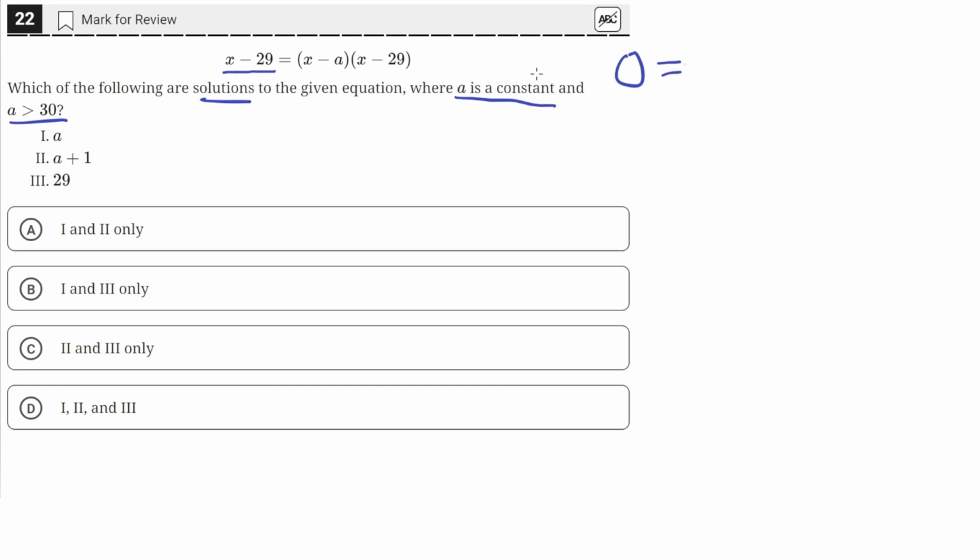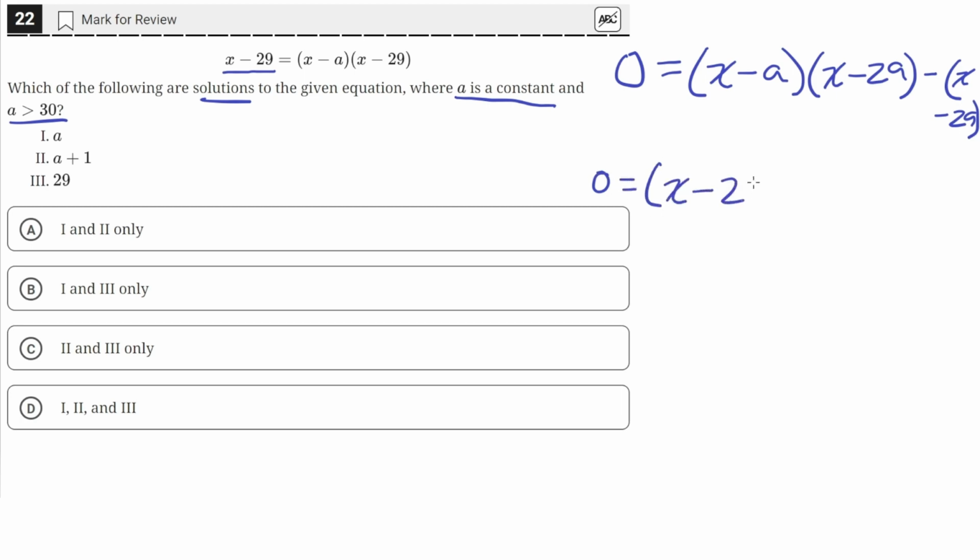So we'll be left with 0 on the left side, and on the right side we'll have x minus a times x minus 29 minus x minus 29. Okay, so the quantity x minus 29 is common to both, so we can just factor that out. So we'll have still 0 on the left. We'll factor out this x minus 29 from both, and we'll multiply it with the x minus a, and then we'll just factor out a minus 1 from the second term.